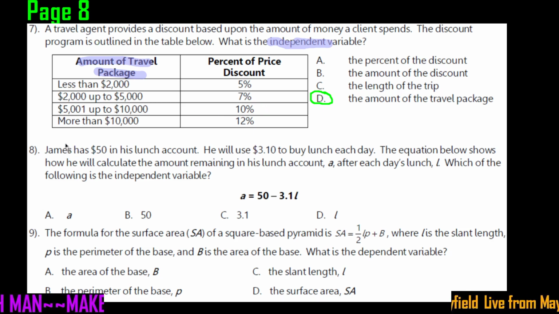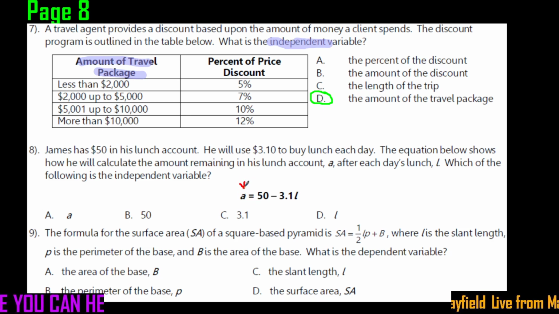For number 8, it says James has $50 in his lunch account. He will use $3.10 to buy lunch each day. The equation below shows he will calculate the amount remaining in his lunch account, A, after L days' lunch. Which of the following is the independent variable? So for this, A is the amount remaining, so that's going to be our dependent variable.